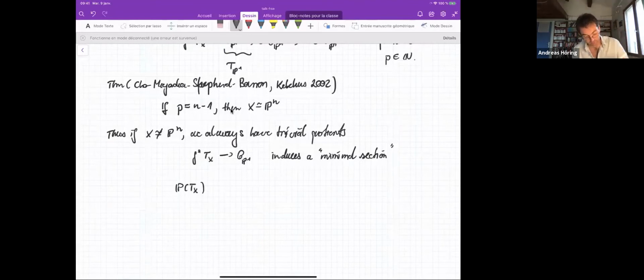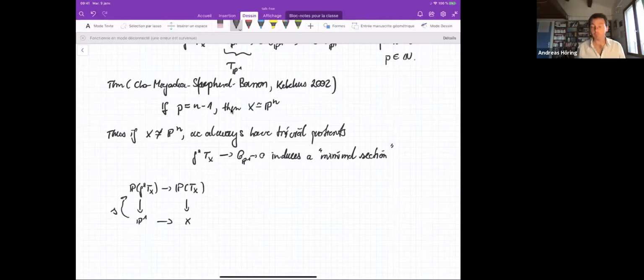So now we have this map from P1, and I pull back my tangent bundle to it. So I get a diagram like this, and now I have this trivial quotient. This will define a section here. This gives me a section S, and I will call the image L tilde, that's the image of S.